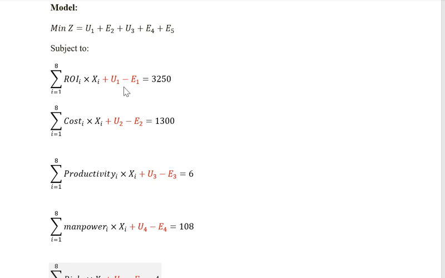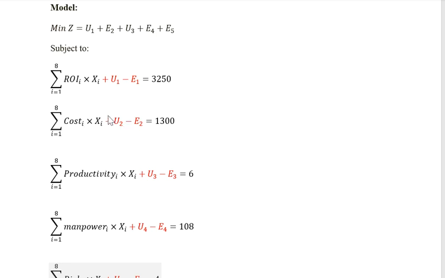So we minimize the shortage amount. We minimize U1. It's okay if we exceed this amount, of course, because it's a return on investment. It's something we want to happen. But it could as well be 0. We don't know yet. We do the same thing for the rest of the goals.